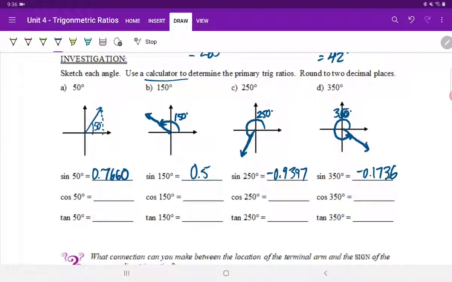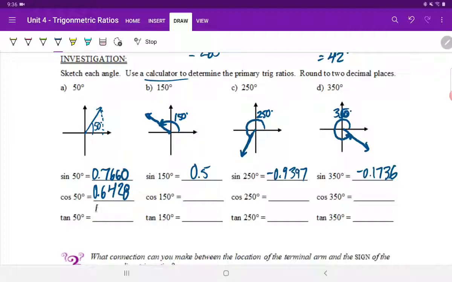Now watch this. If sine of 50 is 0.7660, let's find out what the cos of 50 is. So the ratio of the adjacent side to the hypotenuse is 0.6428. Something to note is that it is a positive ratio.